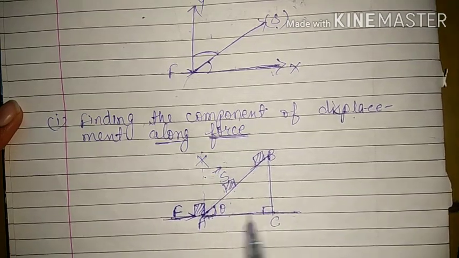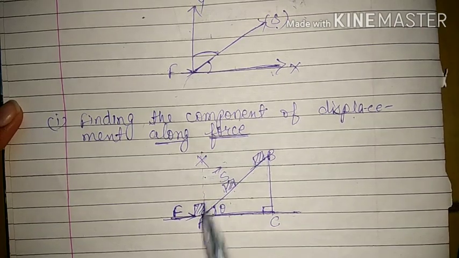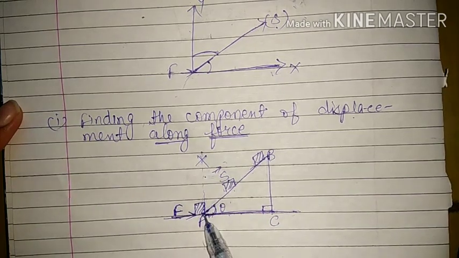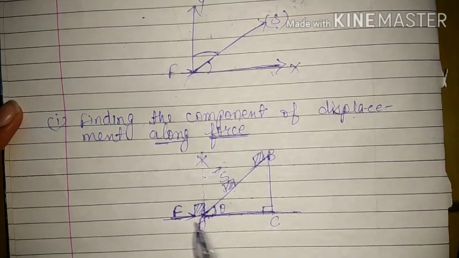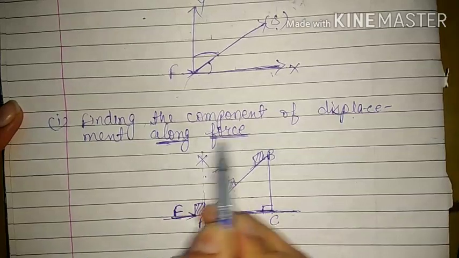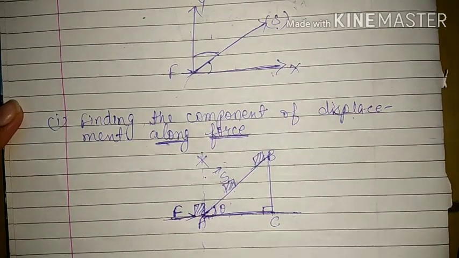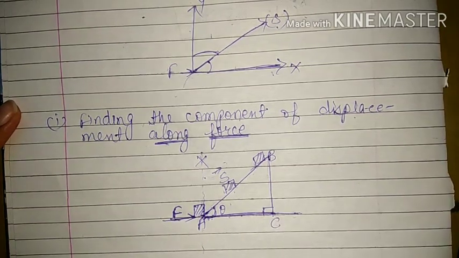If you were applying force from another direction, then you would need the vertical component. But right now we need only the horizontal component, because it is along the force, in the same direction in which the force is applied. So now we have got a right angle triangle ABC.